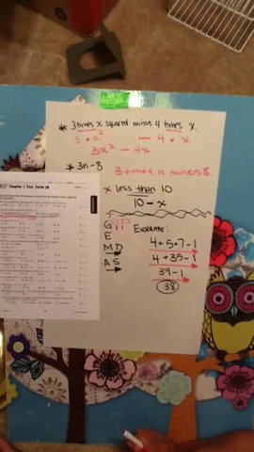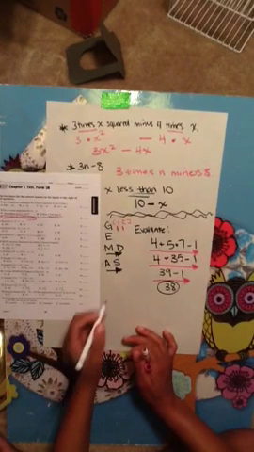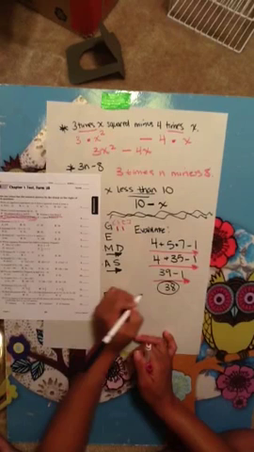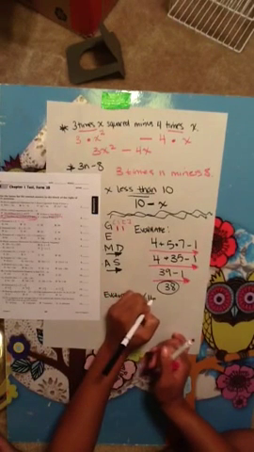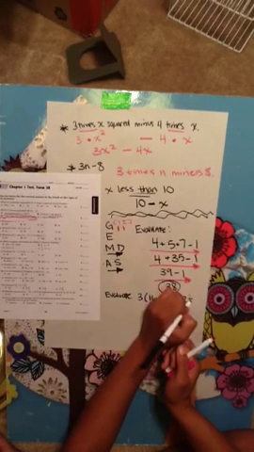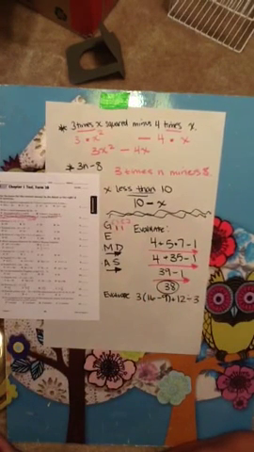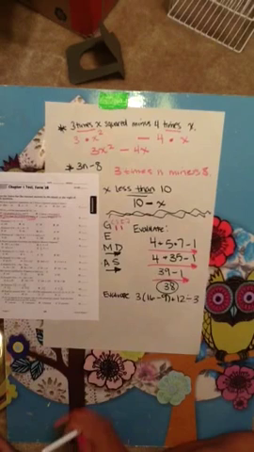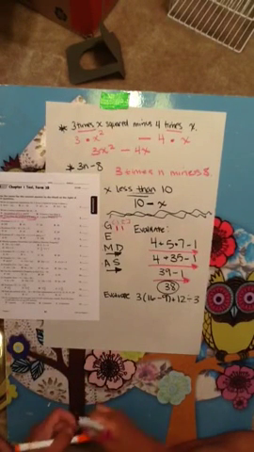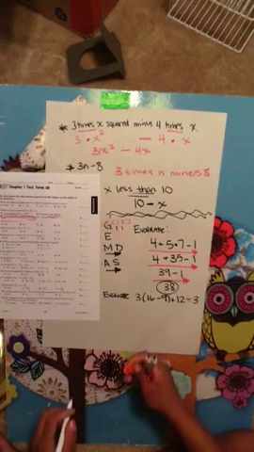Okay. The next one, evaluate 3 times the quantity 16 minus 9, plus 12 divided by 3. Looks like a doozy, but let's still just go through our order of operations. First order of operation is to do anything in the grouping symbols, which is our parentheses.